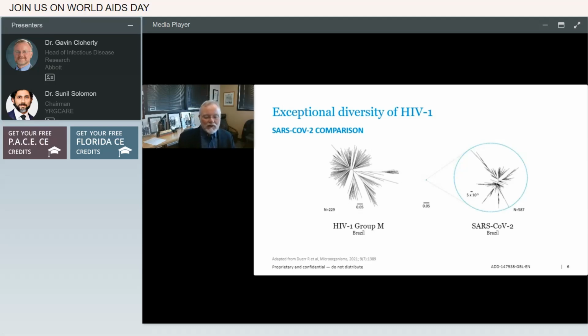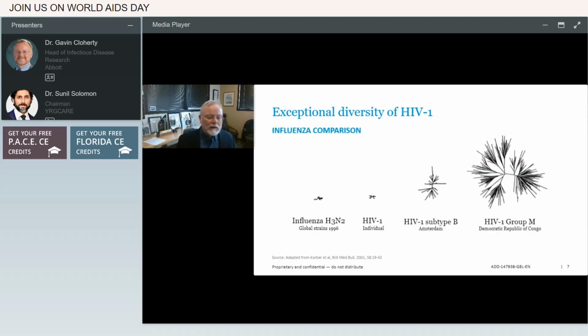On the right-hand side, you've got SARS-CoV-2 that has to be blown up to be even visualized from almost 600 people, whereas the amount of genetic diversity in HIV group M from 229 individuals is illustrated on the left. And this explains the level of complexity and the challenge that we face in developing diagnostic tests, therapeutics, and vaccines that continue to work for HIV over time as this virus evolves in this way.